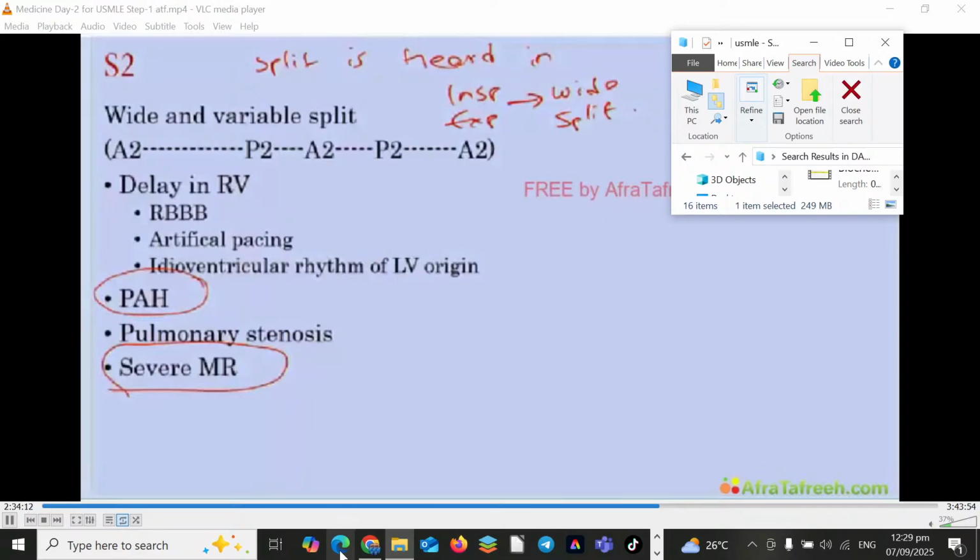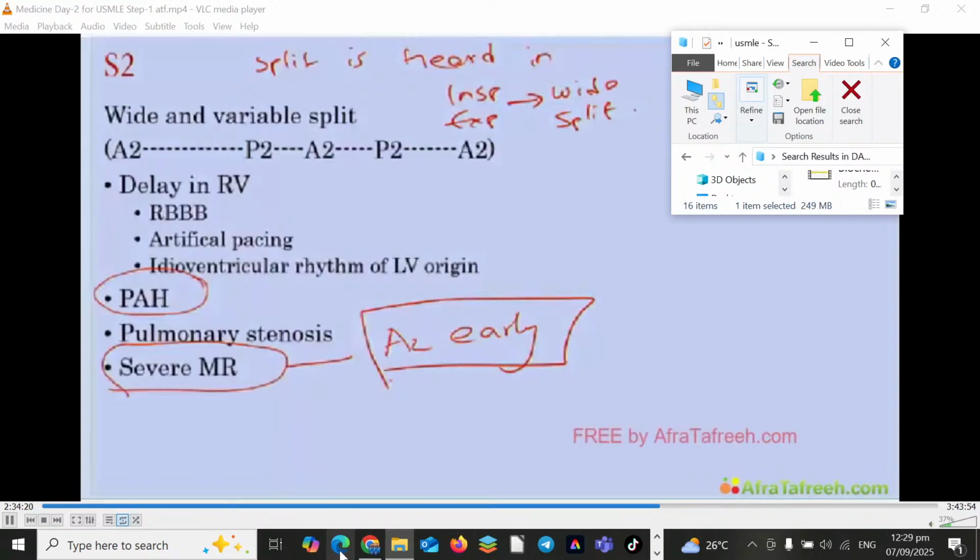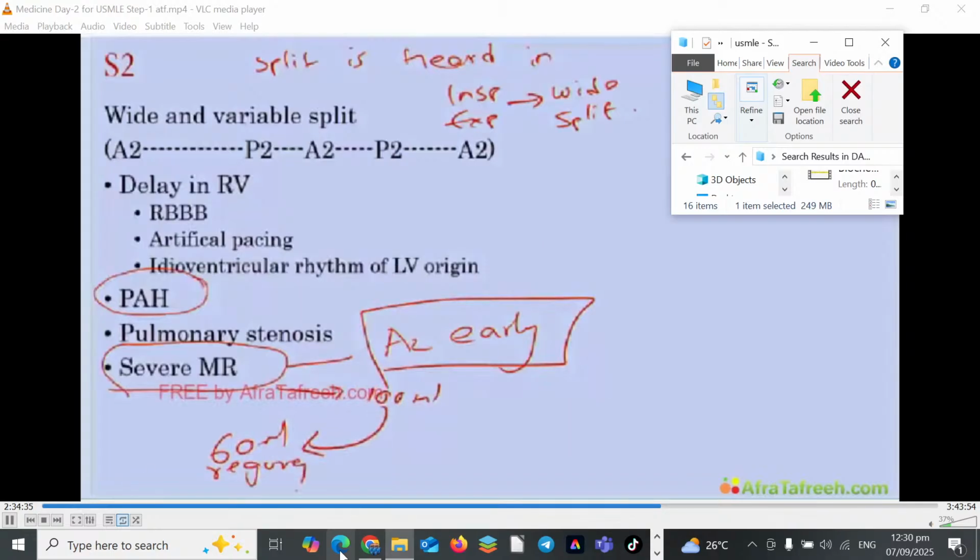In severe MR, A2 happens early. Here, the second heart sound of the pulmonary is not delayed. It is the A2 which is happening early. Why? Because in severe MR, if it ejects out 100 ml, 60 ml gets regurgitated. So what does the aorta get? 40 ml, and then the aorta shuts down.